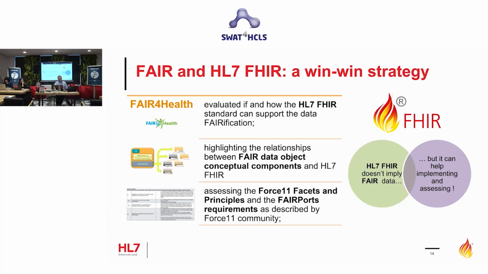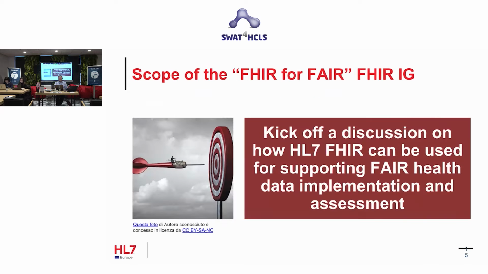In the FAIR for Health project that Celia introduced, we had at the end this working deliverable of an implementation guide for research data assets. It was done by HL7. The idea was, in FHIR, you have things like patients or observations and so on, but it's much harder to say what a data set is in FHIR.